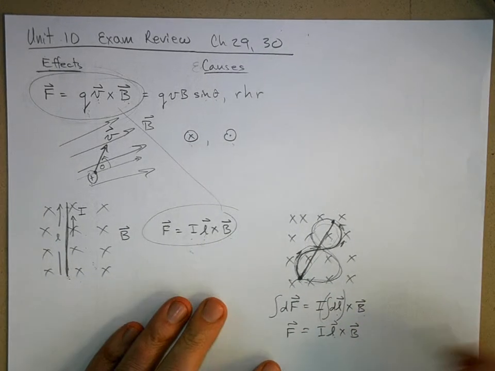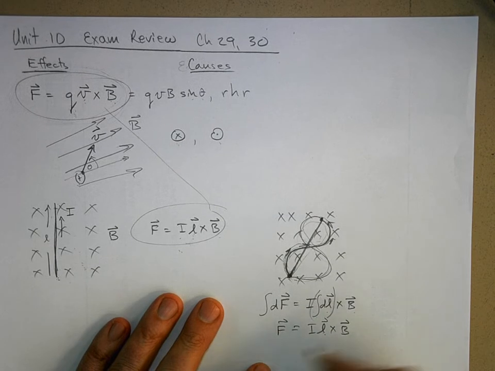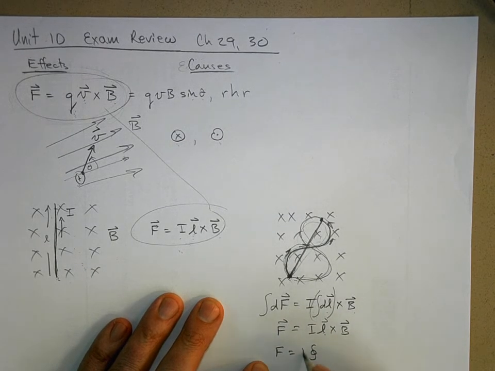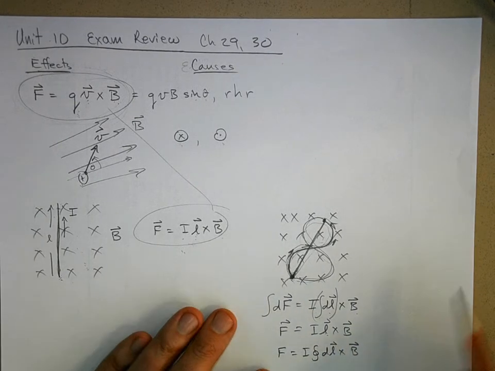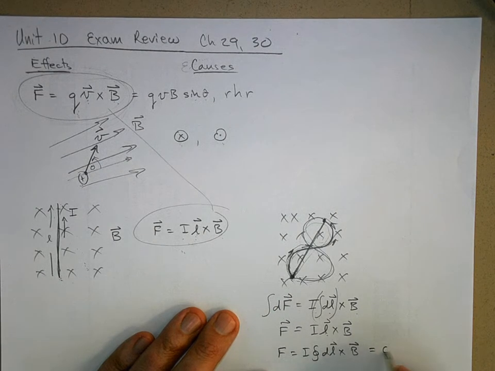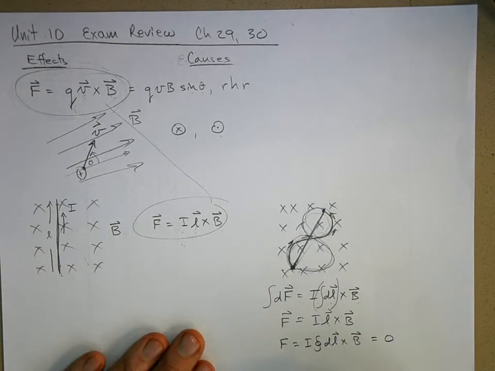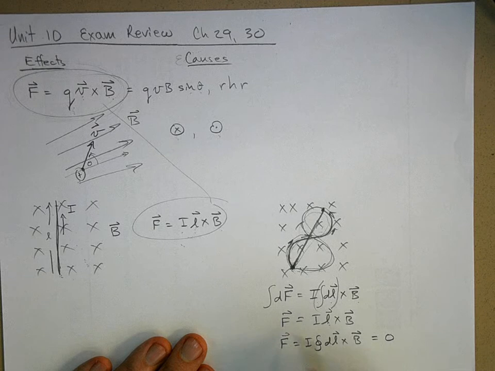In other words, a way of saying that is that the force on a closed loop, the integral of I dL cross B, will equal 0. You won't have a net force on it.